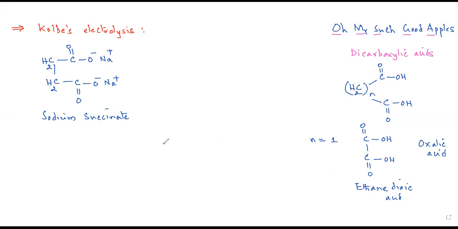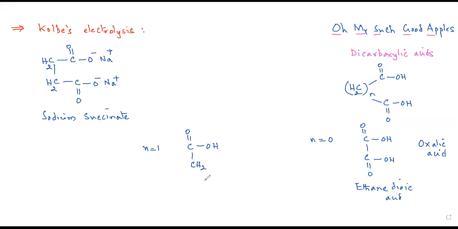Similarly, when n is equal to 2, it can be given as COOH. No, I'm sorry, I think I'm going wrong. See, when n is equal to 0, it is ethane dioic. When n is equal to 1, it is propane dioic.